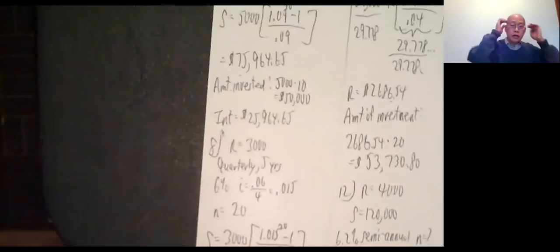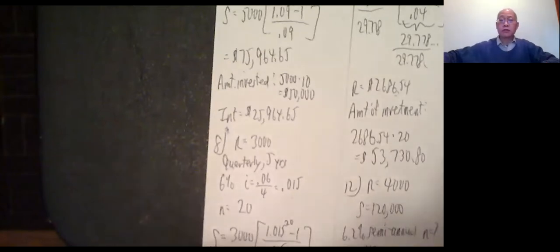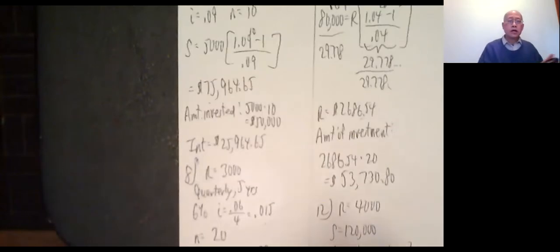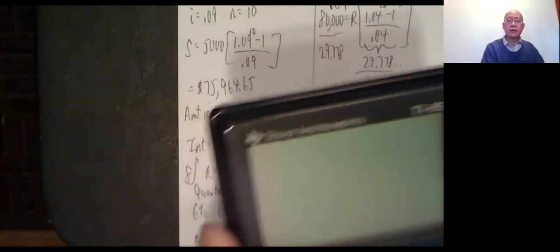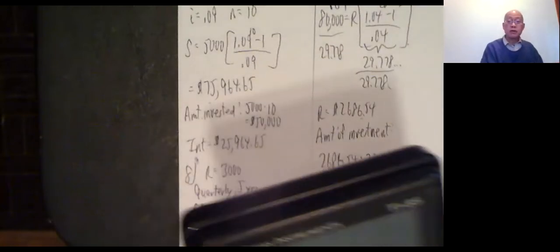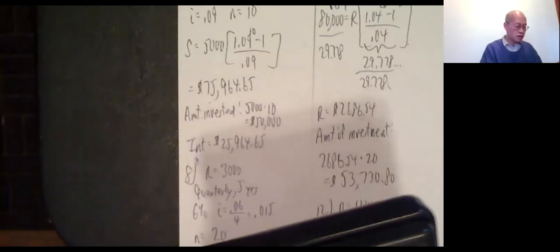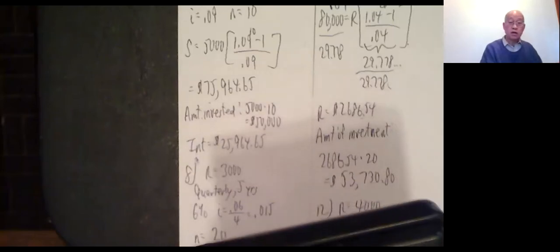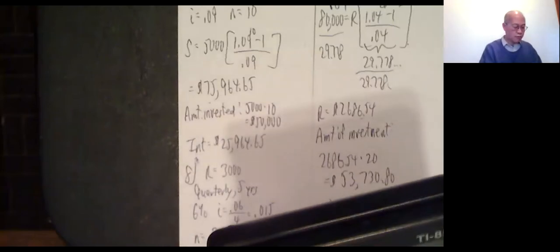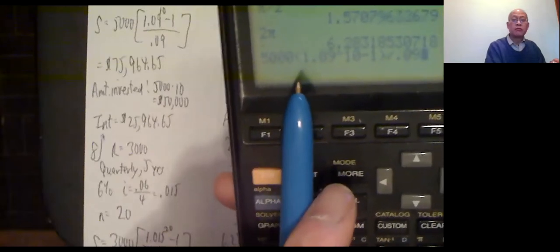Okay, so let me see if I can punch this in the calculator, if I can find my calculator. If you have a calculator like this, it is possible to type it all in one fell swoop. So let me try 5,000 parentheses 1.09 exponent 10 minus 1 divided by 0.09. Okay, see if I can, whoops, sorry, line that up for you. Okay, 5,000, 1.09.